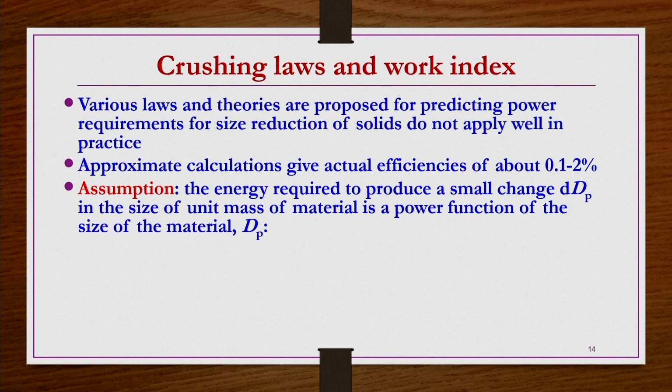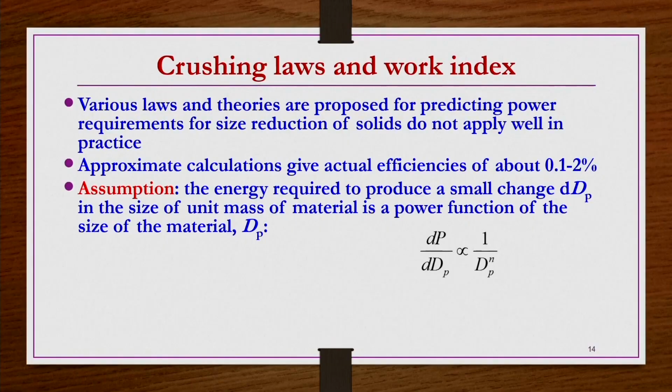To bring that small change in the size of the initial particle size dP, how much power is required per unit mass? That power requirement per unit mass is proportional to a power function of this particle size, that is dP by dDP is proportional to 1 by dP power n.